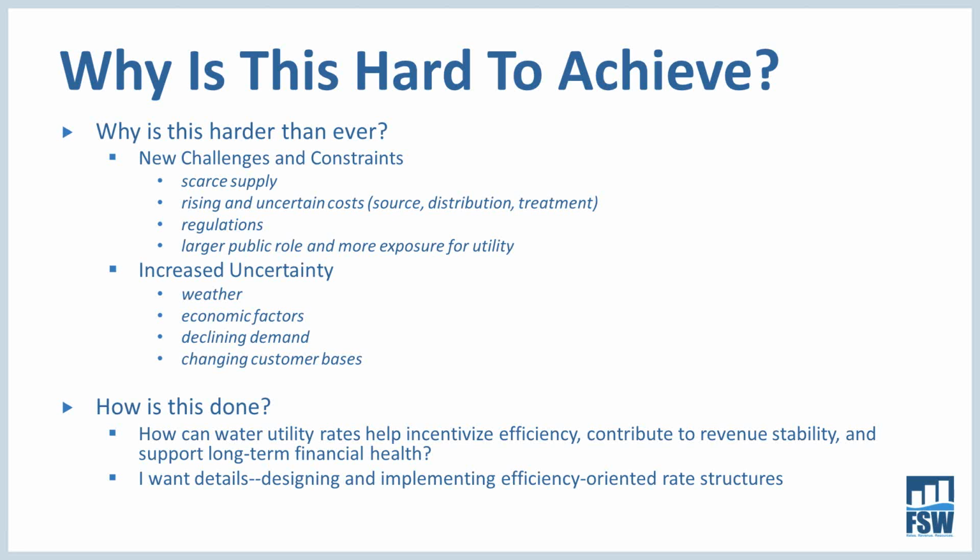So I don't want a lot of hand waving. I need some very specific answers. How can I do a better job? How can water utility rates help incentivize efficiency, contribute to revenue stability, and support long-term health? So what are the details for designing and implementing efficiency-oriented rate structures? This is what the handbook sets out to answer. Next slide.